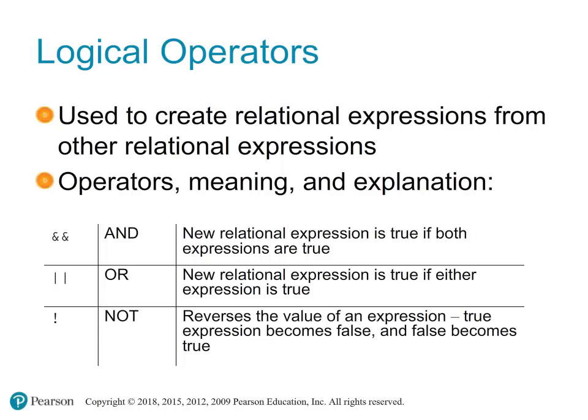For logical OR, at least one condition must be true. So if any of the two operands are true, then the condition becomes true. For logical NOT, it converts the value of a condition. It is used to reverse the logical state of its operand.